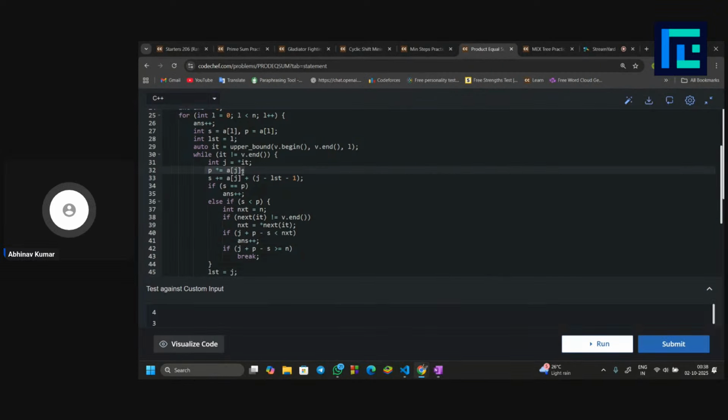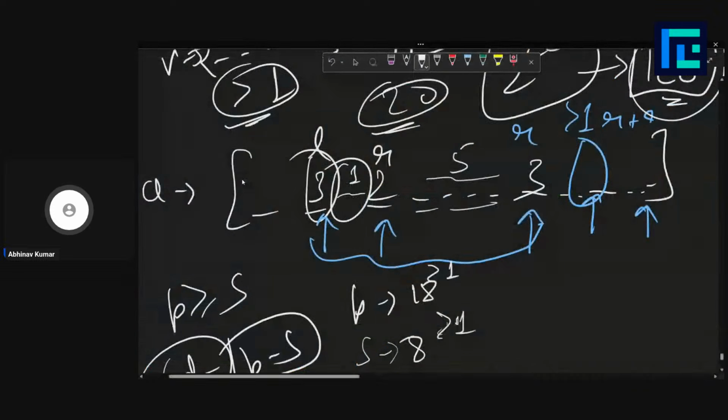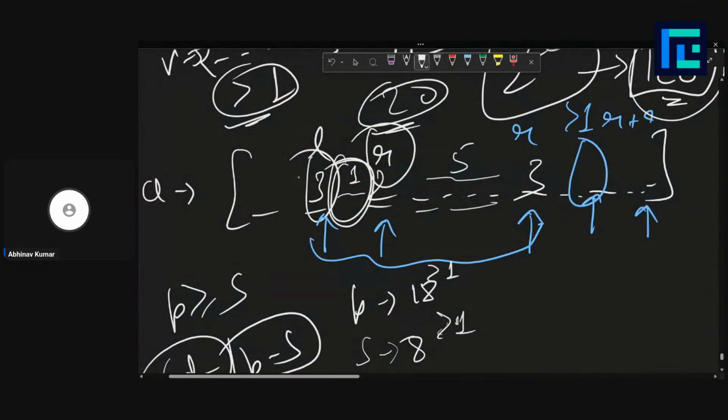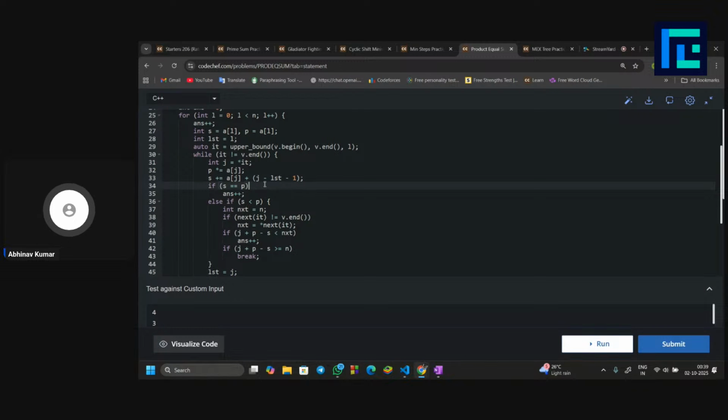My product would be affected only by this particular value which is greater than 1. So product multiplied by A[j]. And what would get added to my sum? This value of A[j] would get added to my sum, along with the number of ones I have in the middle. The number of ones in the middle would be current index j minus last index minus 1.